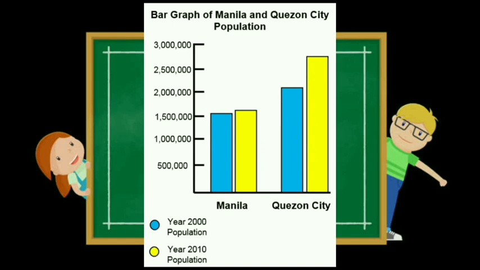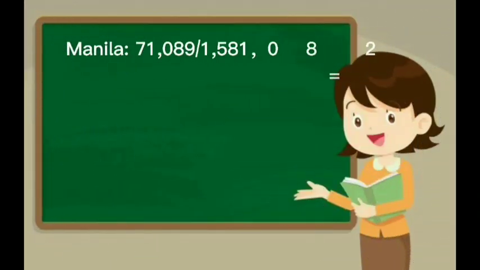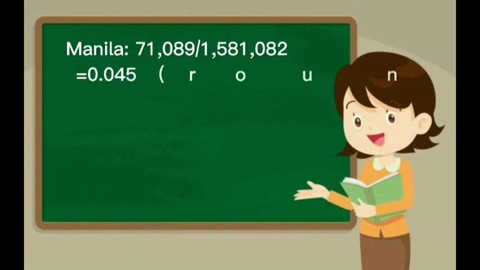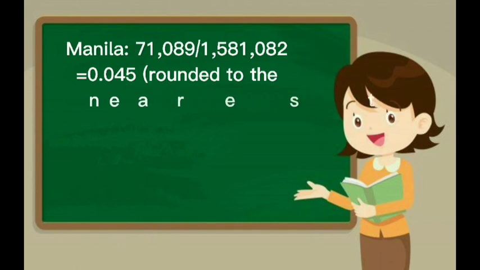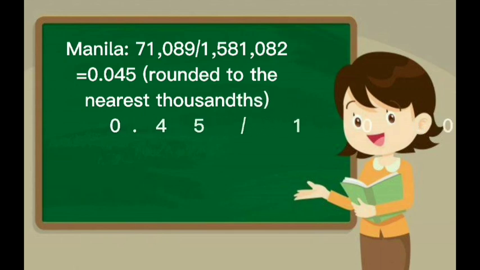Now, to determine which city had greater percent of change in its population, find the increase in population of each city in percent for us to compare them. So let's find out in Manila. 71,089 divided by 1,581,082 is equal to 0.045, rounded to the nearest thousandth.